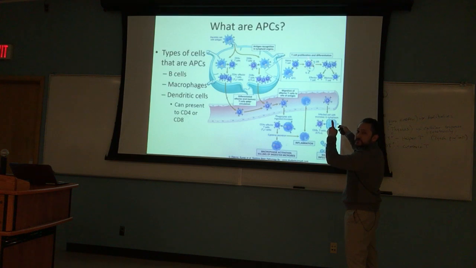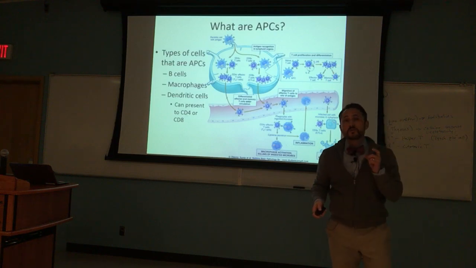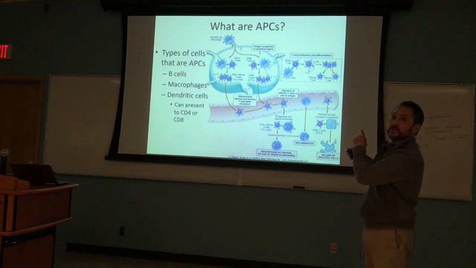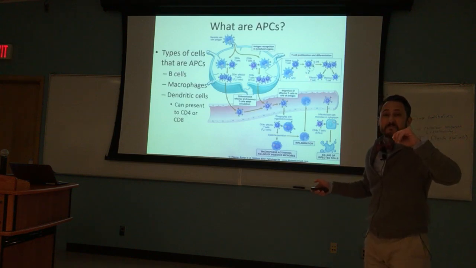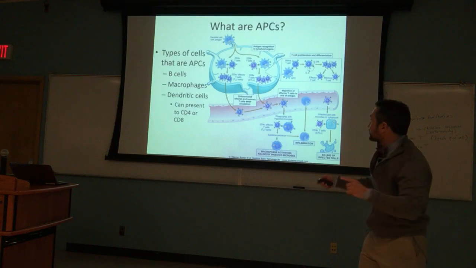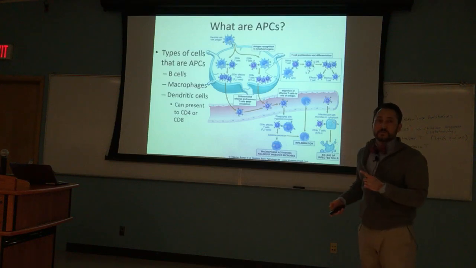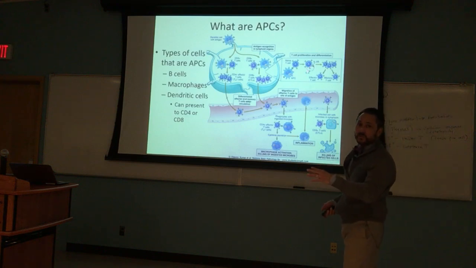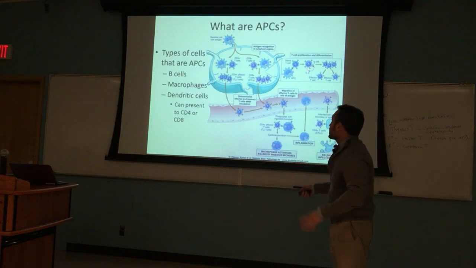That binds to an interleukin receptor, which is now an autocrine response. And that is what activates cytotoxic T cells. So the co-stimulation event for cytotoxic T cells is interleukin-2 binding back to the same cell that made it after it interacted with an antigen-presenting cell. Does that make sense? Still co-stimulation, but it doesn't involve the CD80 and the CD28. It involves interleukin-2. Okay?